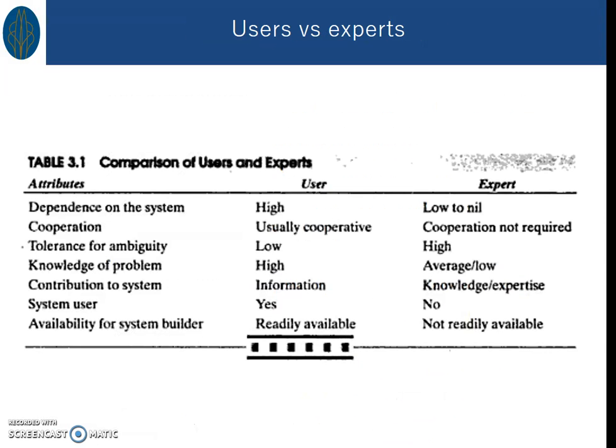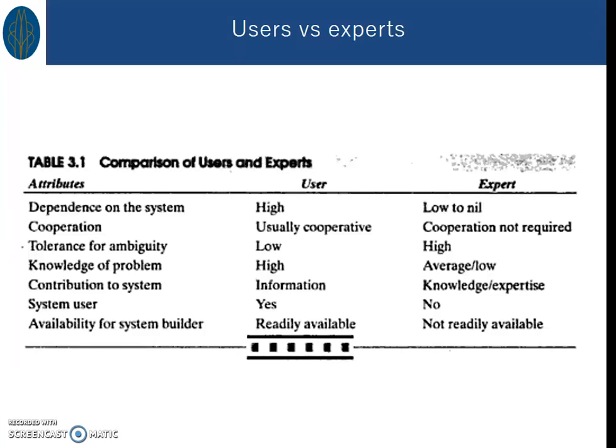This table shows the differences between users and experts. Just like I mentioned in the previous slide, the dependence on the system is high for the user, which means that the user will use the system that is developed using SDLC. But the expert will not use the knowledge management system. The person that will use the knowledge management system will be the knowledge recipient.